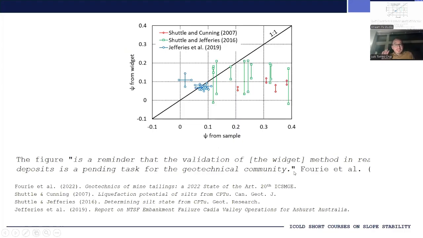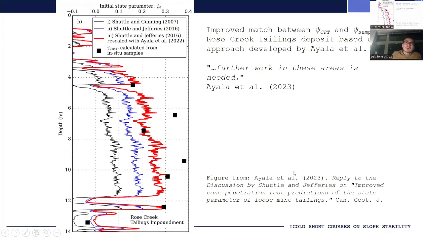And I think that sometimes we lose sight of that, okay? And we believe that, oh yeah, we need the state parameter, we do the method, it works. Well, no, the validation of the method is actually a pending task. Okay. More recently, other groups have continued to work on this, and here I'm showing data from this 2023 paper.